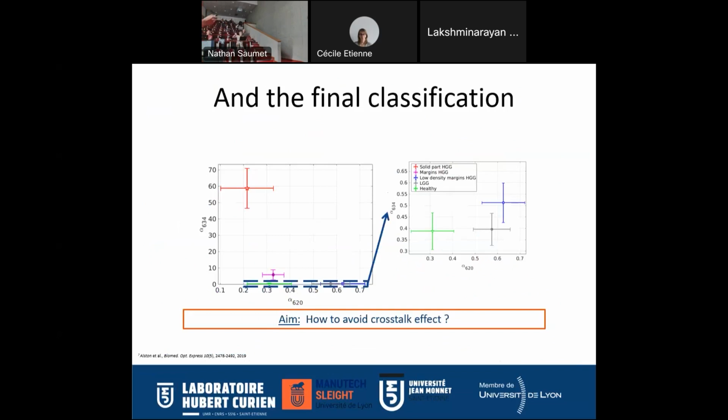In other words, here on the vertical axis of both graphs, you have the relative concentration of one form of PP9, and on the horizontal axis, you have the relative concentration of the other form of PP9. And here, the right part is an inset of the bottom of the main graph.